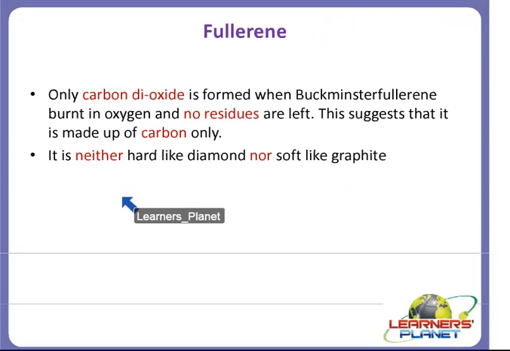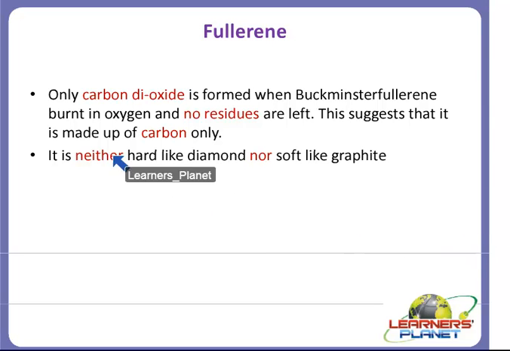Now how can we conclude that this is formed of carbon only? I have got a soccer ball like structure in my hand, or I have got a ball. How can I say that this is formed of carbon only? How can I be sure that there are no other elements present in it? By burning it. Remember this one thing clearly, that once you burn a substance, the gases formed as well as the residues left will tell you what that substance is composed of.